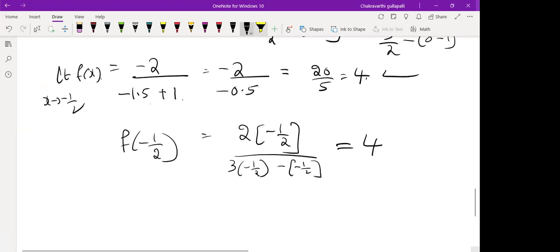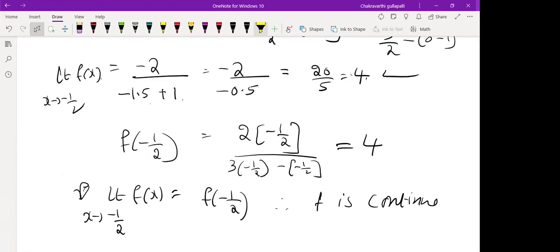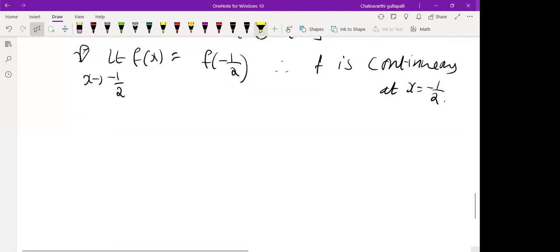So therefore, it is continuous. These two are equal. The limit exists, and limit x approaching minus 1 by 2 of f(x) is equal to f of minus 1 by 2. Therefore, f is continuous at x equal to minus 1 by 2.